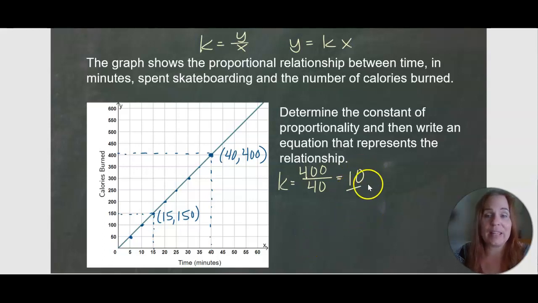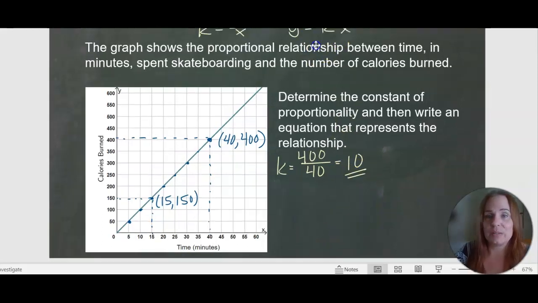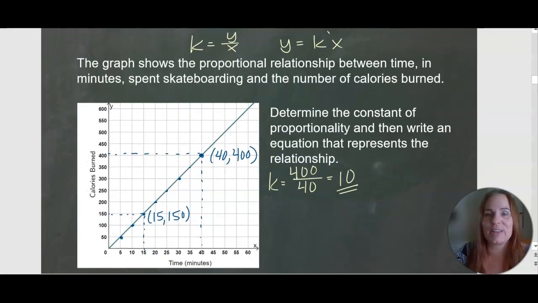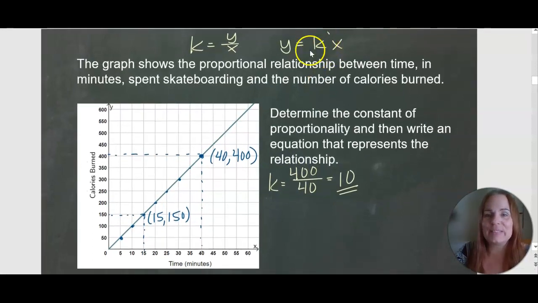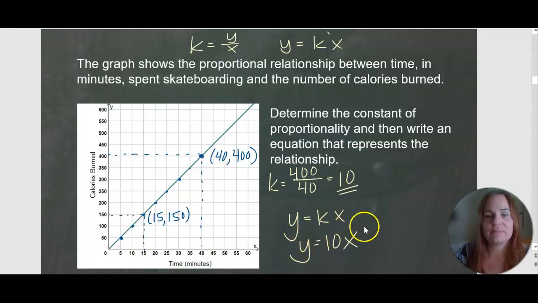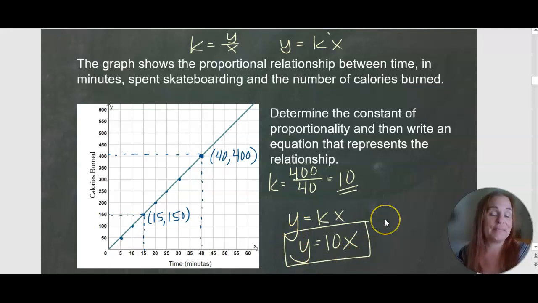So now that I know that k is 10, I can just put it right in here. So I just have y equals kx, and instead of the k, I'm going to replace it with 10. That's my equation.